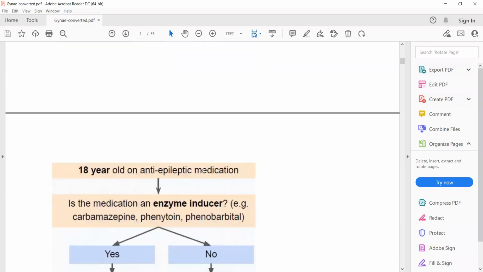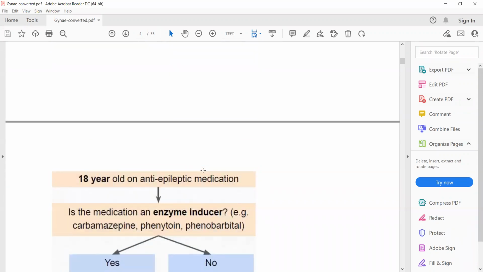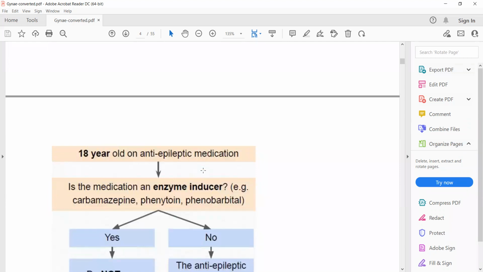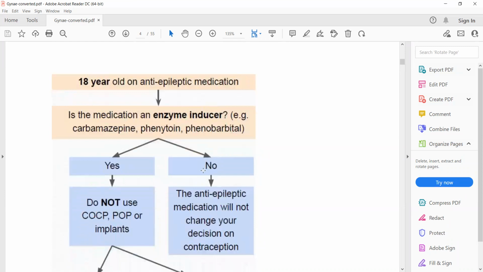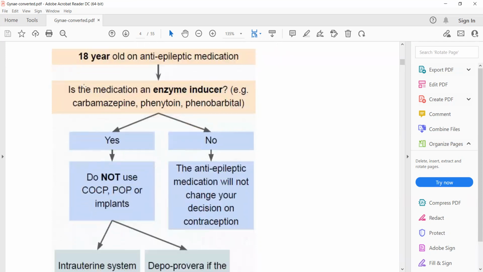Again, patients who are taking enzyme inducers, and the patient's age is 18 years. Patient is 18-year-old and is taking an enzyme inducer.